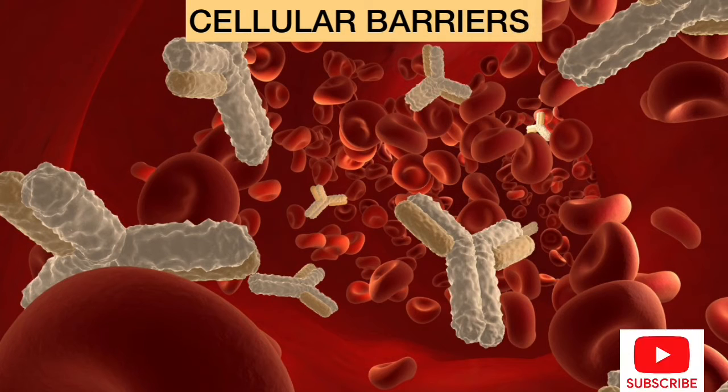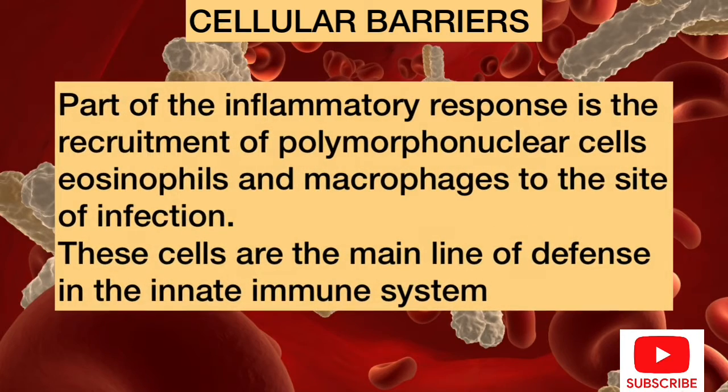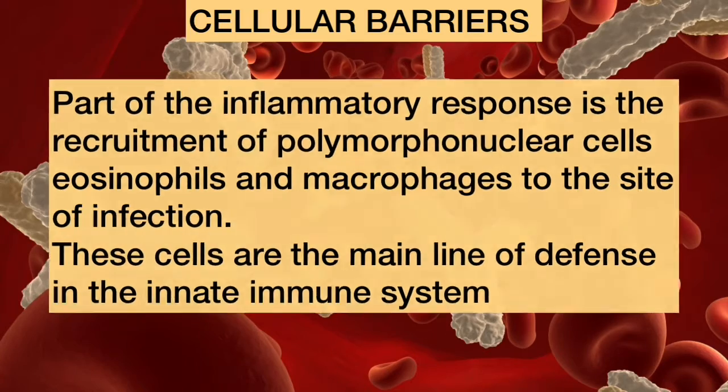Let's move on to the cellular barriers of the innate immune system. Part of the inflammatory response is the recruitment of polymorphonuclear cells, eosinophils, and macrophages to the site of infection. These cells are the main line of defense of the innate immune system.